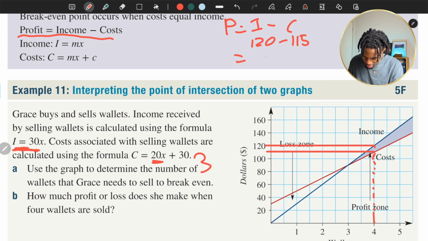So profit equals about $5. And so that's how you do these questions, right?